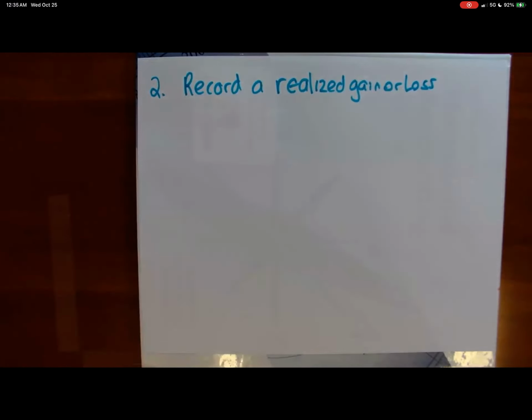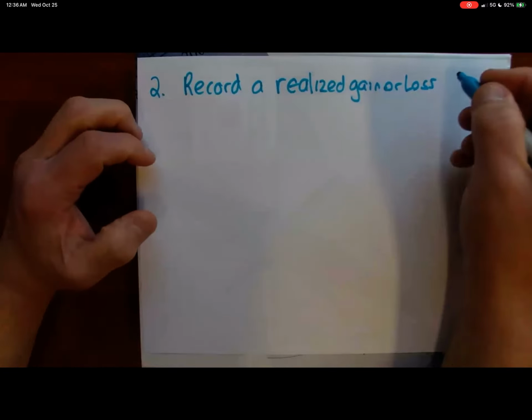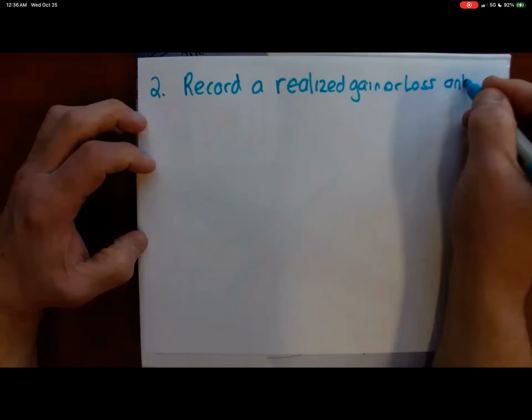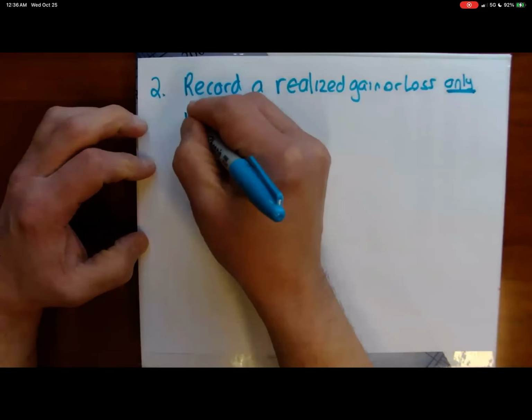Now, unlike the unrealized one, which is recorded every year as part of the mark-to-market adjustment, a realized gain or loss is only recorded when we have a sale of investments. Let's add that. Record a realized gain or loss only when investments are sold.